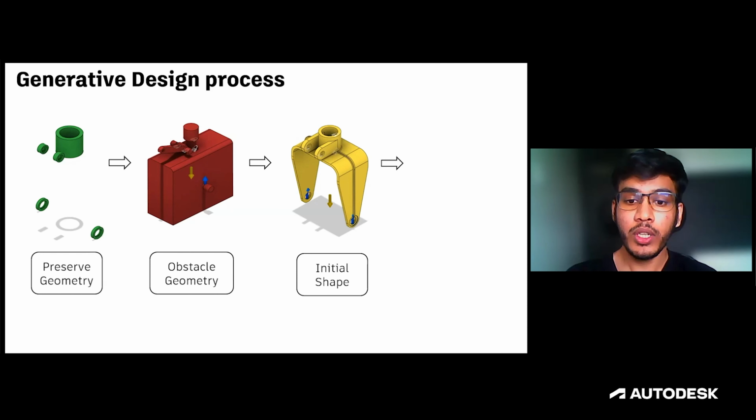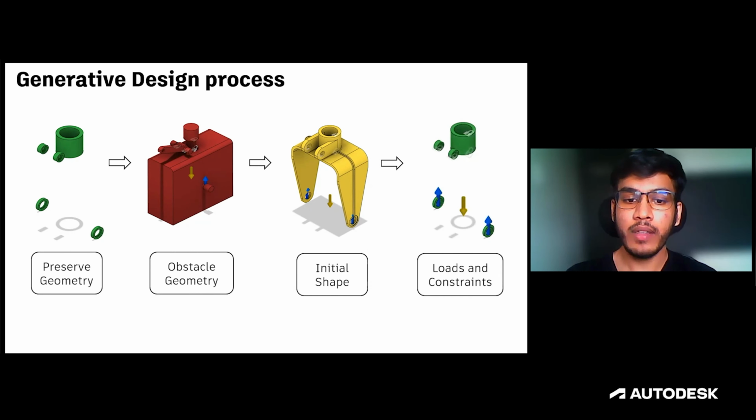And coming back to the generative design discussion, we define our initial shape, as you can see over here in the yellow color, and we give this already existing part so that the machine has a starting point from where it can take on for enhancing the same. We then apply certain loads and structural constraints on our part.